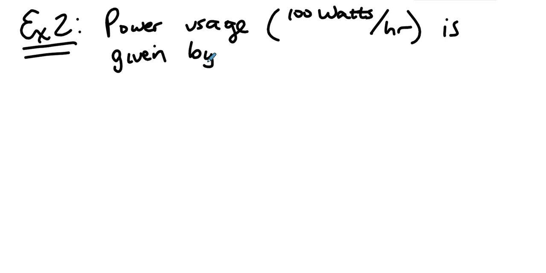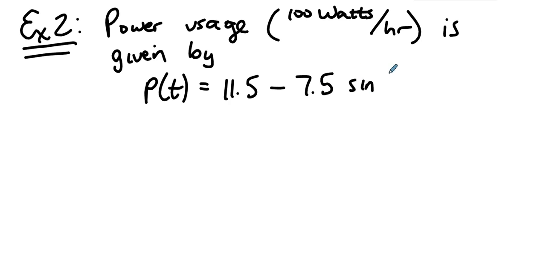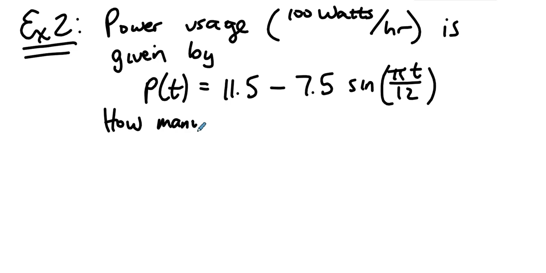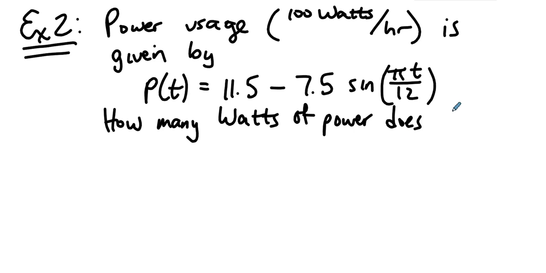So there's a rate at which they use power, and that rate is given by P of t equals 11.5 minus 7.5 sine of pi t over 12. And that's in hundreds of watts per hour. So the question is, how many watts of power does Springfield use in a day?